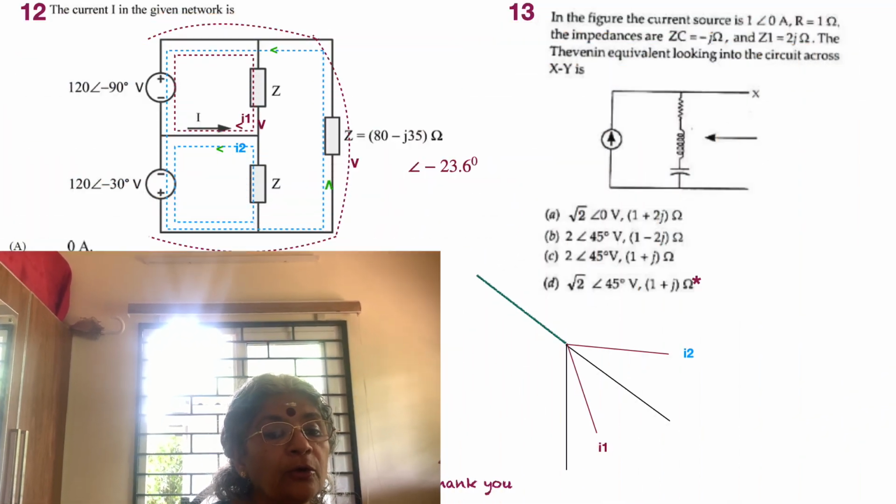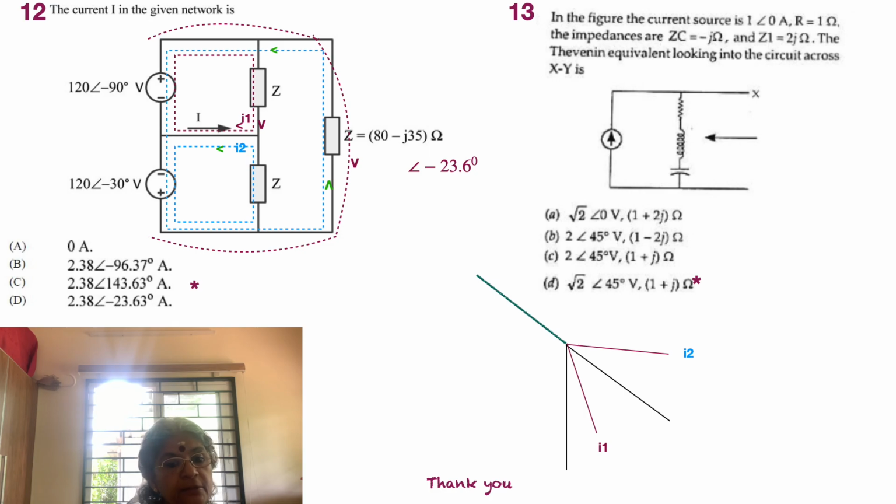That's the reason why we find the current I1 as equal to 120 angle minus 90 degrees divided by the impedance with an angle minus 23 degrees. That gives rise to an angle of approximately minus 90 plus 24, so near around minus 60 degrees.